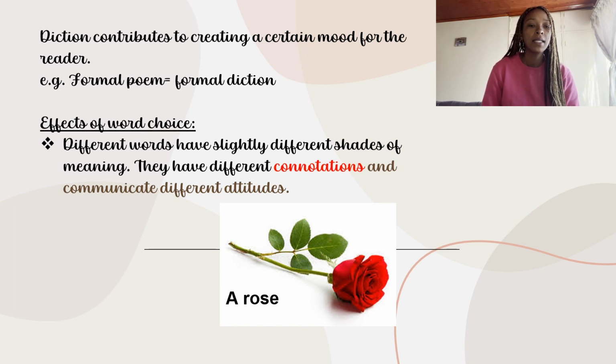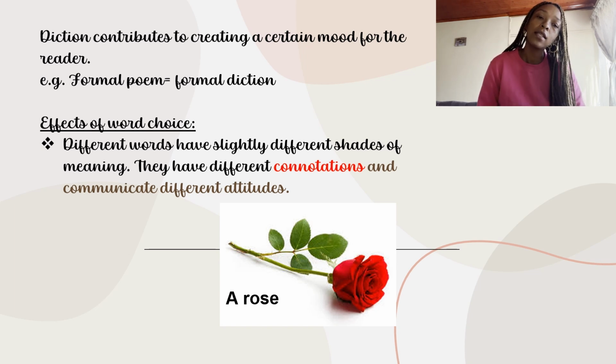But in this instance, I just want to show you how there is such a big difference in the denotative use of the word as well as the connotative meanings. Remember that denotative is the exact dictionary meaning, while connotations would be the underlying emotive meanings of the word.